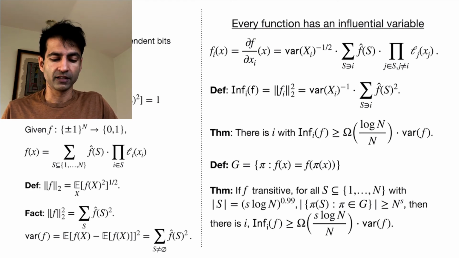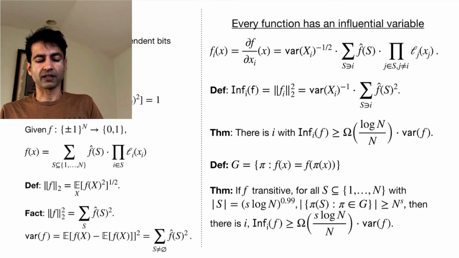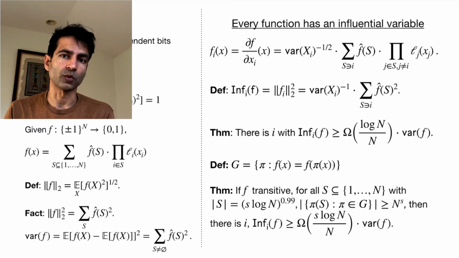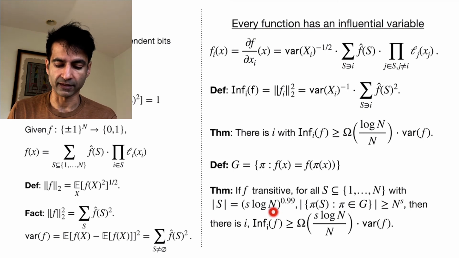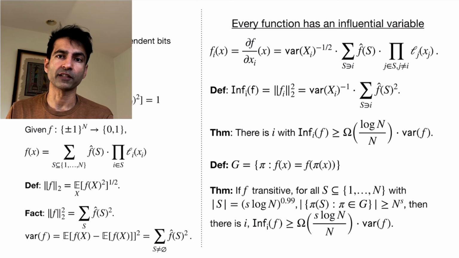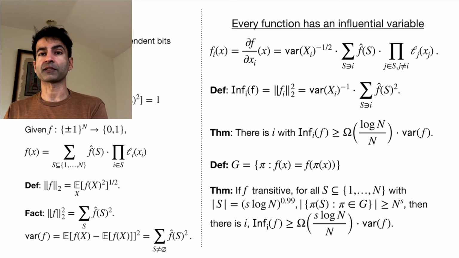If G is the group of symmetries of f, this set of permutations, and this group satisfies the same conditions as what we asked for the group of symmetries of the code, these conditions, then you actually get that there will be a coordinate of f whose influence is omega of s log n divided by n times the variance.